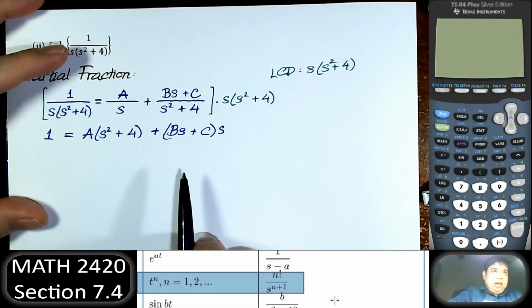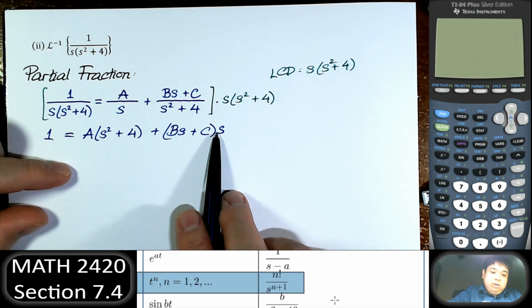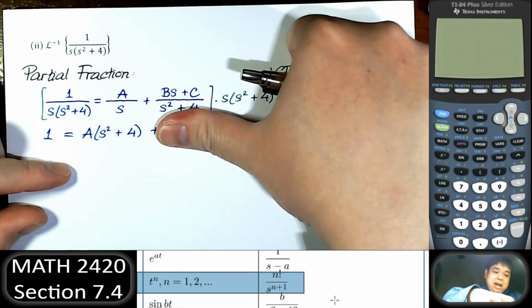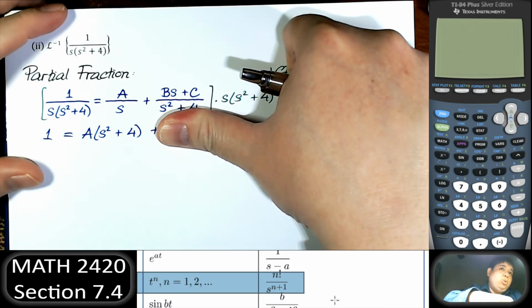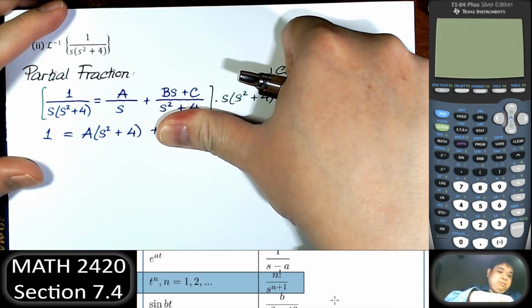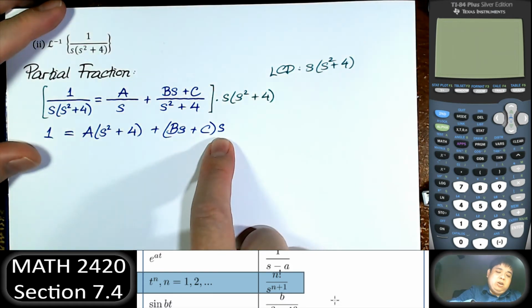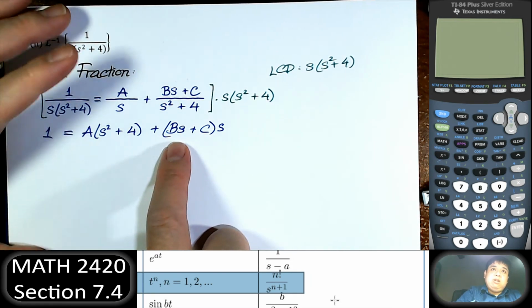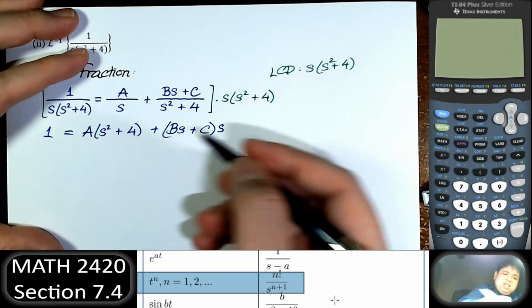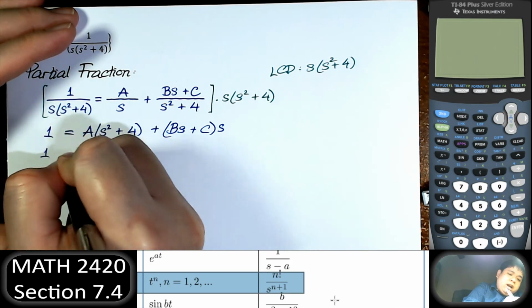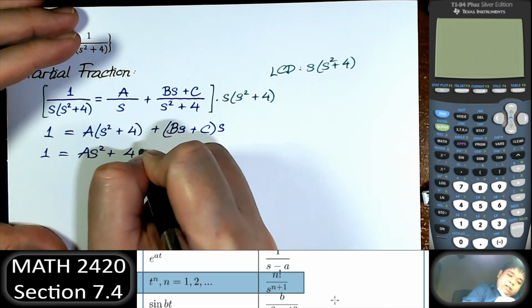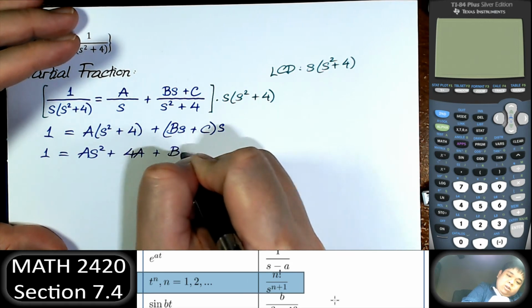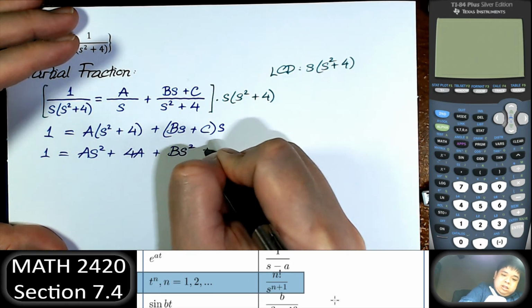Now, for this, if you choose s to be 0, then that disappears. We have 4a equal to 1, so a is equal to 1/4. Right? If s equal to 0, and then you can choose something different. But since this is simple enough, I just multiply it out. as squared plus 4a equal to bs squared plus cs.